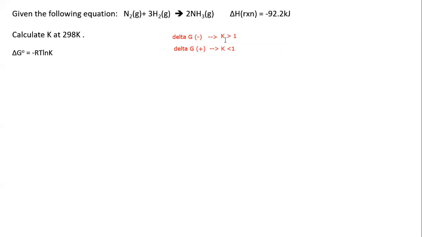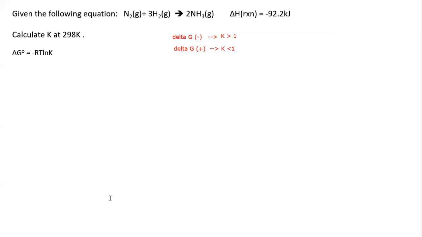Here we calculated delta G to be negative, so our answer should be a K that has a positive exponent. If we do this problem and we see that K has a negative exponent, that should tell us that we've done something wrong in the math, because since delta G is negative, K should have a positive exponent. So if you get a negative exponent for K, go back and double check your work.